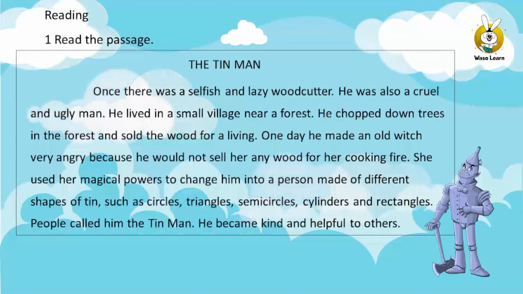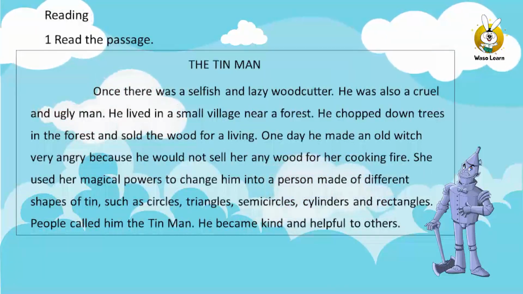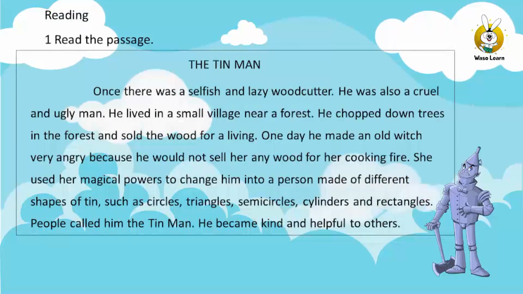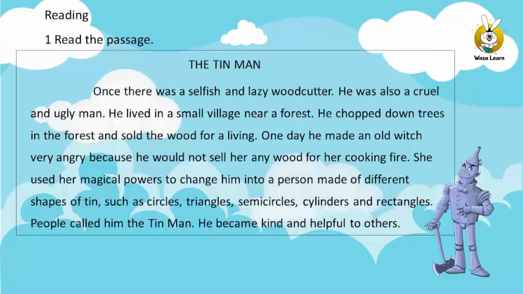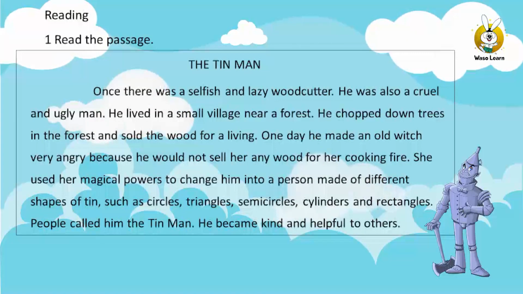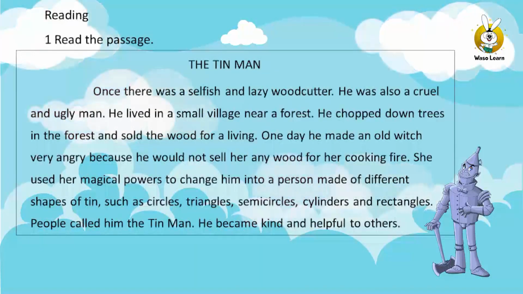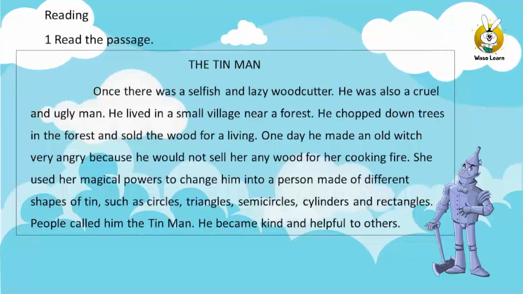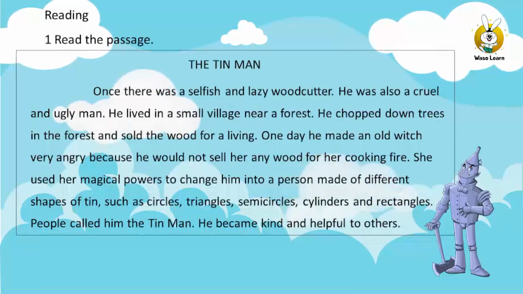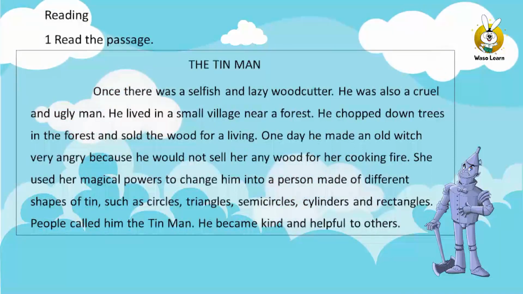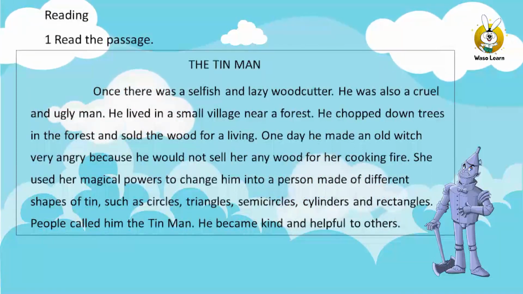One day he made an old witch very angry because he would not sell her any wood for her cooking fire. She used her magical powers to change him into a person made of different shapes of tin, such as circles, triangles, semicircles, cylinders, and rectangles.